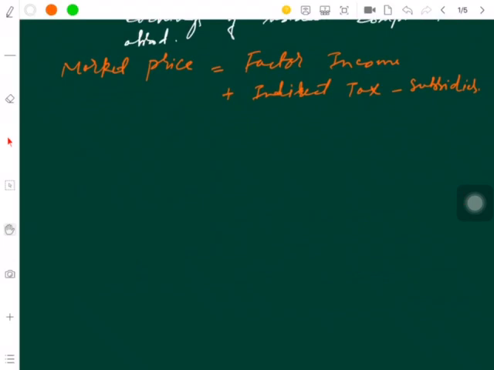Say Mr. X went to the market to buy a pen. He bought this pen from the shopkeeper for 150 rupees. The shopkeeper had bought it from the producing unit, say for 120 rupees.